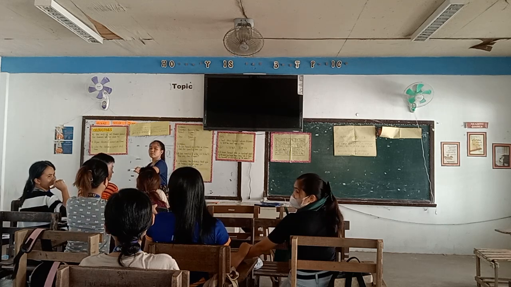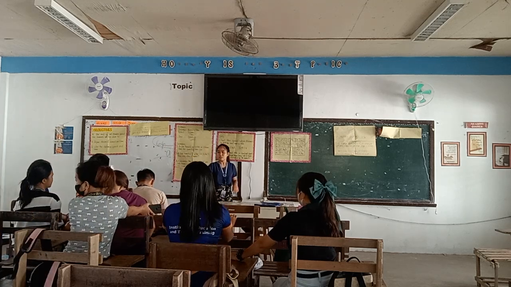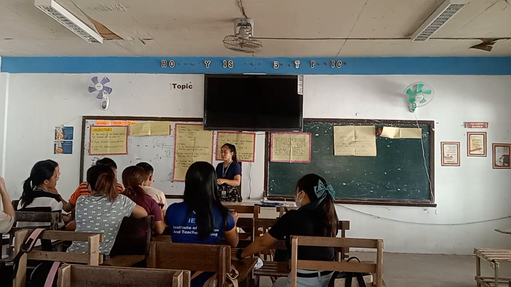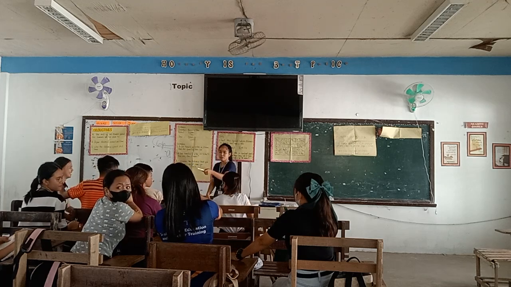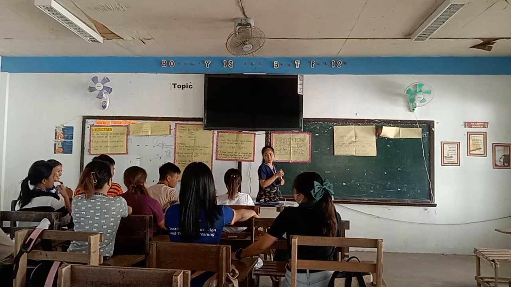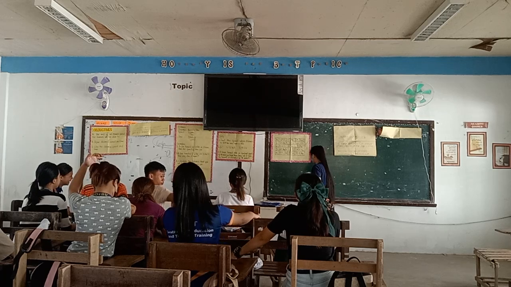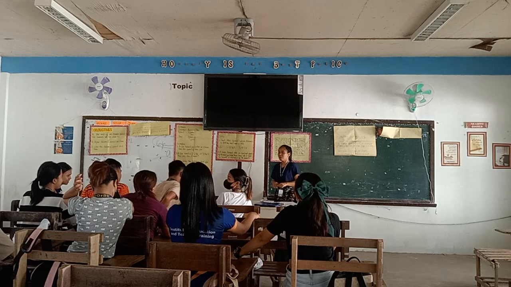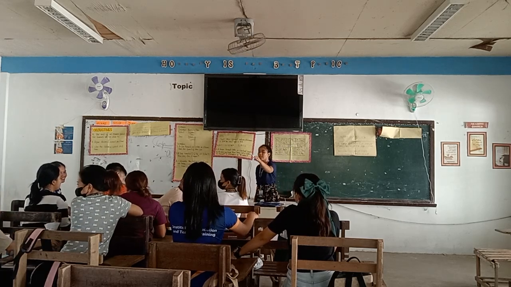Jonah, can you please bring na lang ko. Row 1. Row 1, row 2, and 3. Okay. Stop talking. Row 1, row 2, and 3.